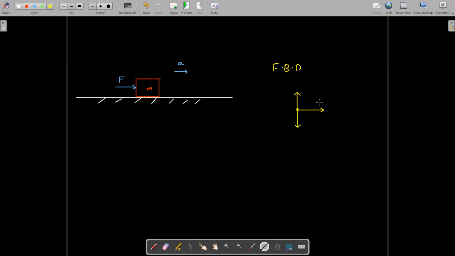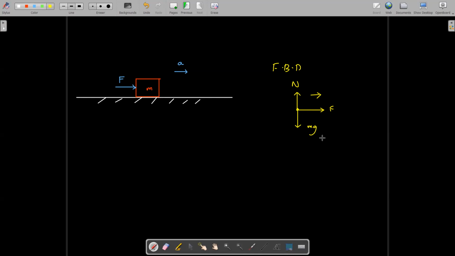And we know that acceleration is in this direction, right? Or in the mark here, this is mg, this is f, this is n, that is applied by the surface onto the body, right? But ഇത്രയും forces ആണ് ഉള്ളത്, and we know that there is no vertical movement for the body.